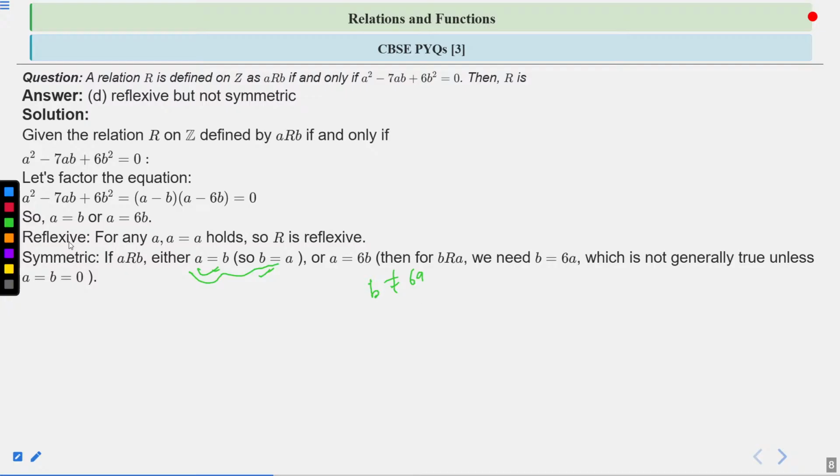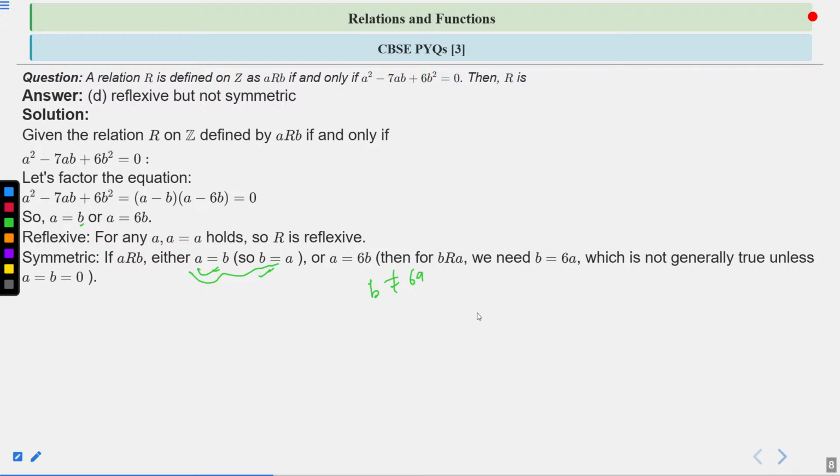You might have confusion: in reflexive we were getting two conditions, A equal to B or A equal to 6B, and it is reflexive, but for symmetric we also get the two conditions. Then why is it not symmetric but reflexive? See, the condition for reflexive is that A equal to B must hold. Other than this, anything else lying is fine. But for symmetricity, for all the relations, if AB is lying, then BA must lie.